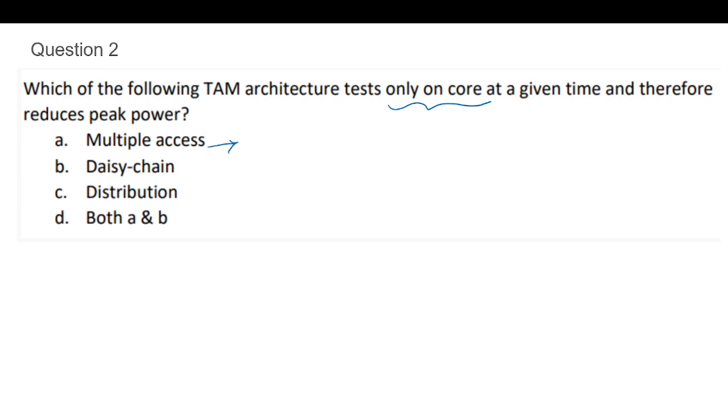Multiple access, I think we are referring to the multiplex only. So both multiplex and daisy chain operate. So option D is the correct one.